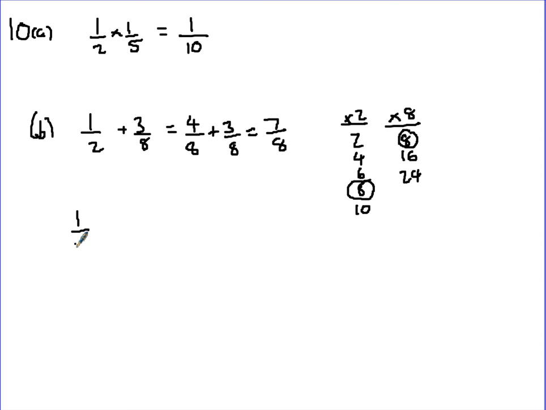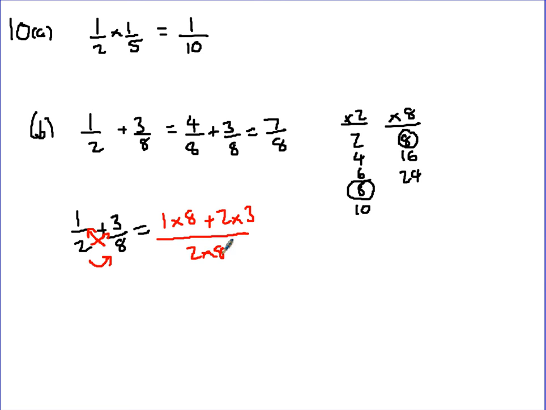The other method for doing this is, some people call it the kiss and the smile method, where you cross over here and then you've got a smile underneath. So you've got your 8 times your 1, plus 2 times 3, and then the bottom bit is these two bottom numbers times together.